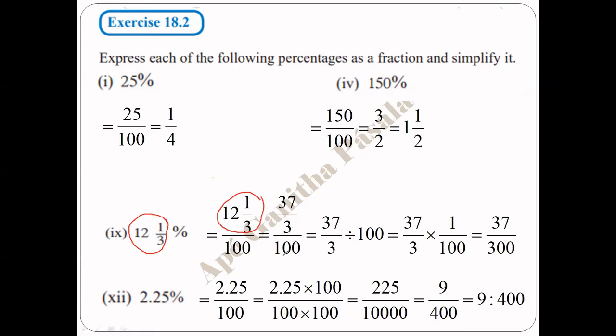Over 100 means dividing by 100. So I will rewrite this as 37 over 3 divided by 100. 37 over 3 over 100 is similar to 37 over 3 divided by 100.